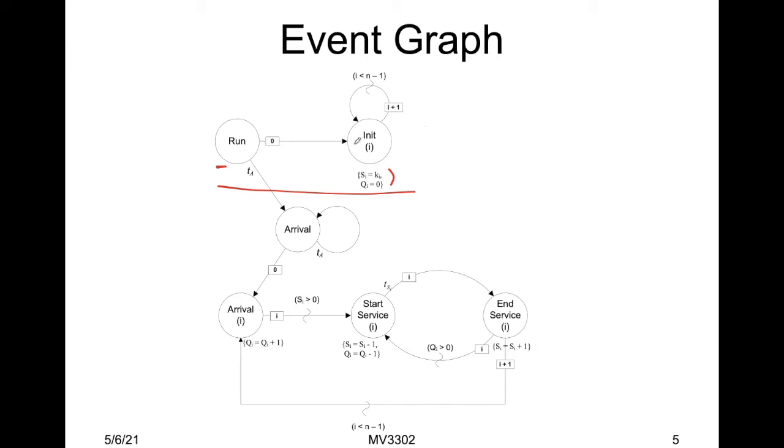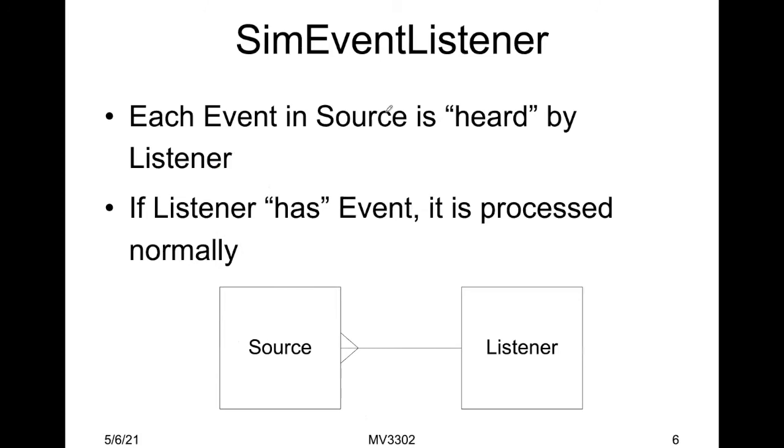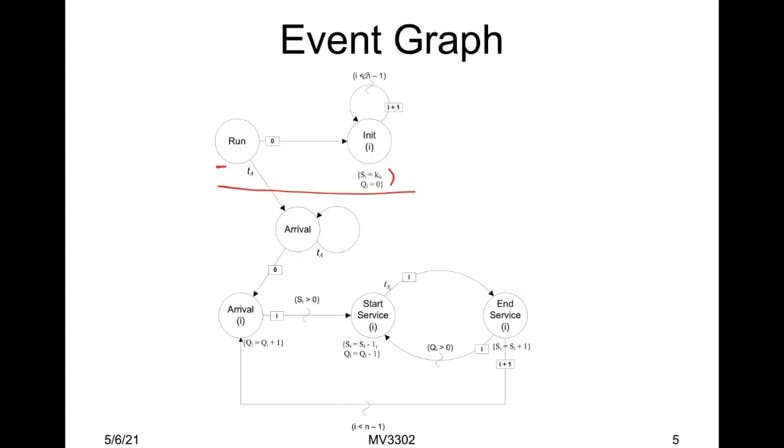Notice that this init event has 0 delay, whereas the arrival event is typically going to have a positive delay, so it happens sometime in the future. These are all happening at time 0. So at time 0, this is spinning and spinning, and each time it happens, it initializes the next item.